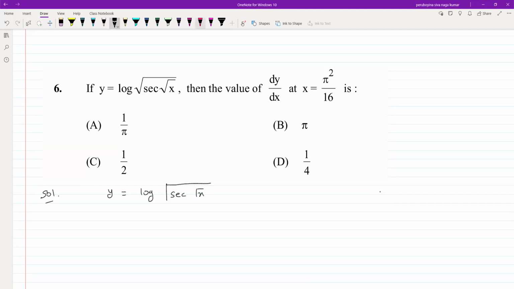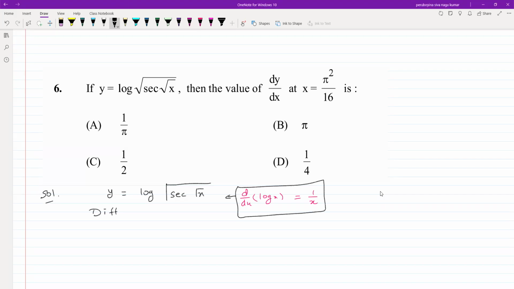And first you can see a log function is applied. So the formula is d by dx of log x. The derivative or differentiation of log x is 1 by x. So we will use the first formula here.